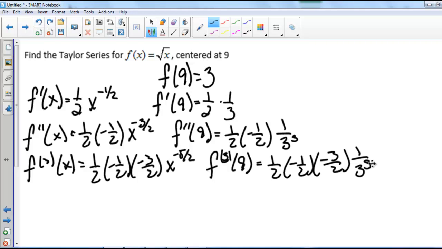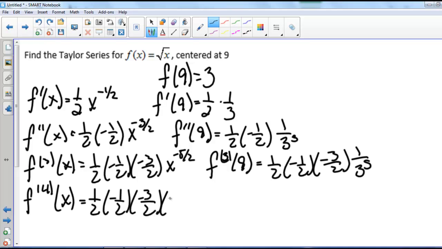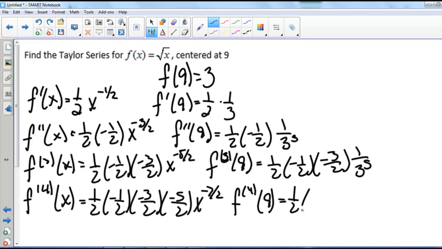The fourth derivative is 1/2 times negative 1/2 times negative 3/2 times negative 5/2 times x to the negative 7/2. And the fourth derivative at 9 is 1/2 times negative 1/2 times negative 3/2 times negative 5/2 times 1 divided by 3 to the 7th.